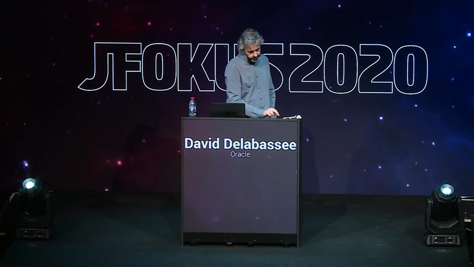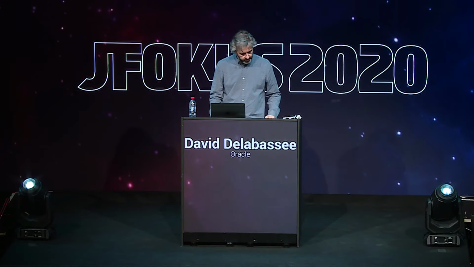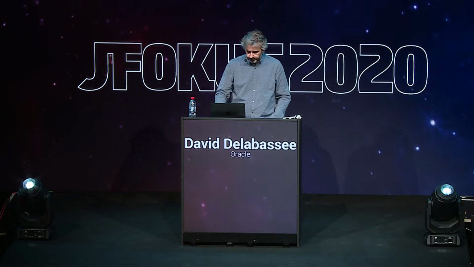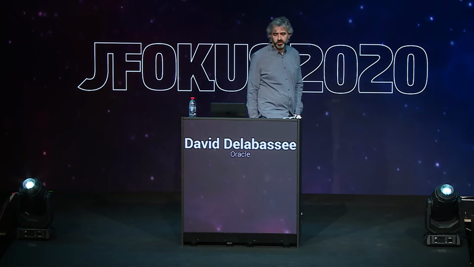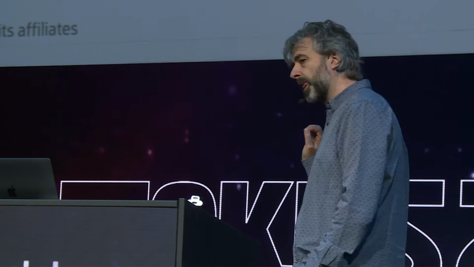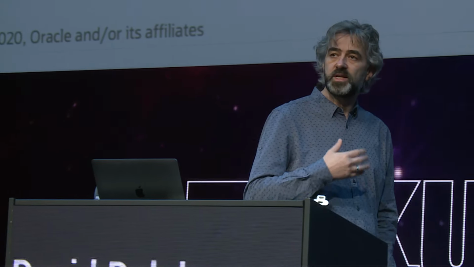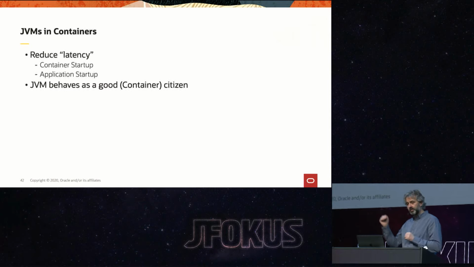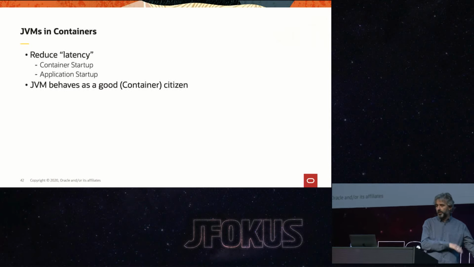So let's see. Yes, it's time to wrap up. So JVM containers, that's what we have discussed today. We have discussed techniques that we can use to reduce the latency, so basically improving the startup time of the container itself, shrinking the layers at different levels, using jlink, for example, using Alpine.